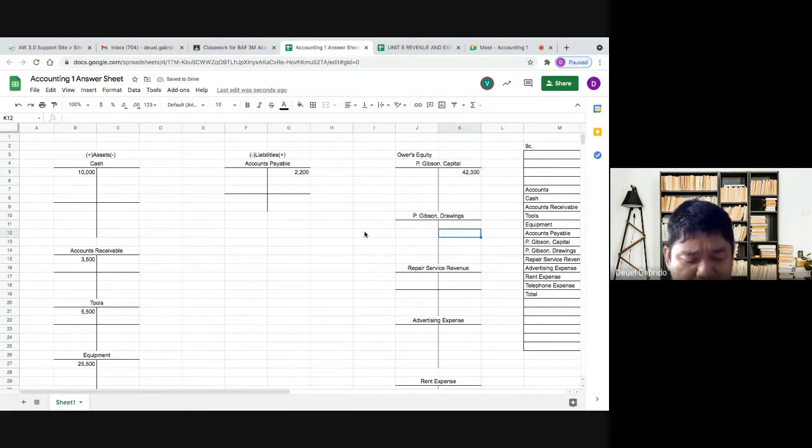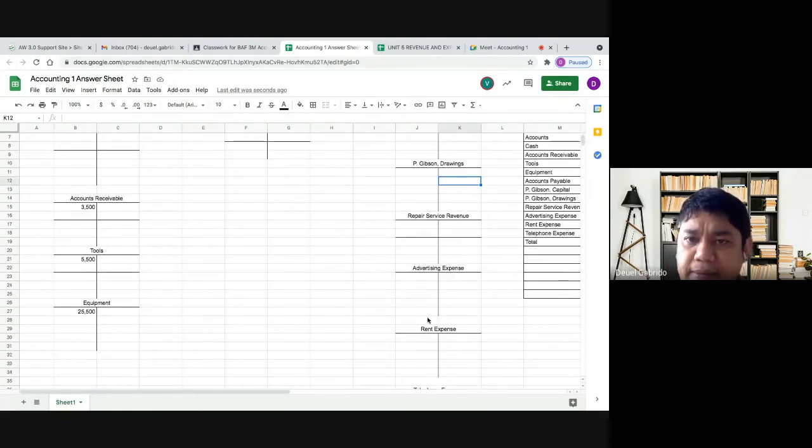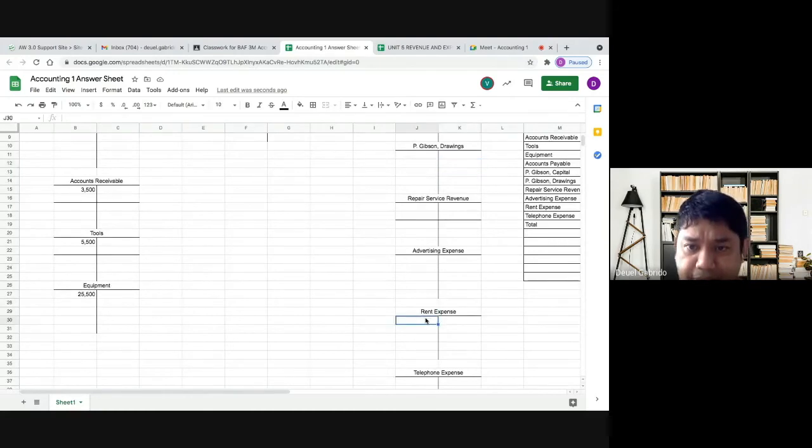Now let's go to October the 2nd. It says here that you paid the monthly rent of 4,000 to the near company. Pay the monthly rent. So we have rent expense of $4,000.